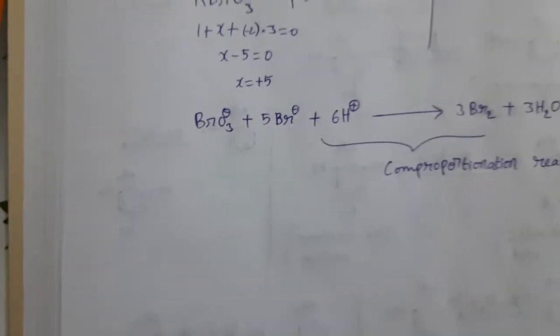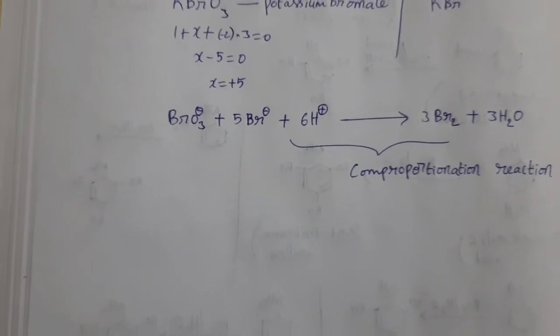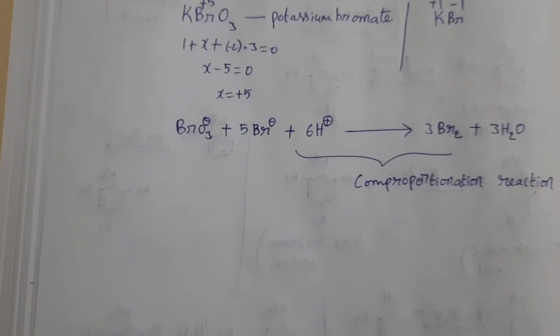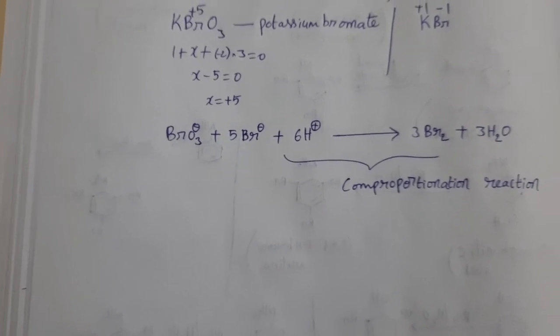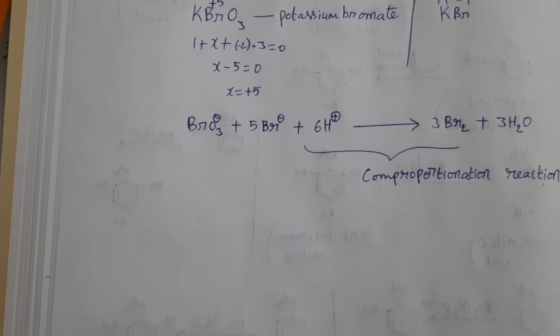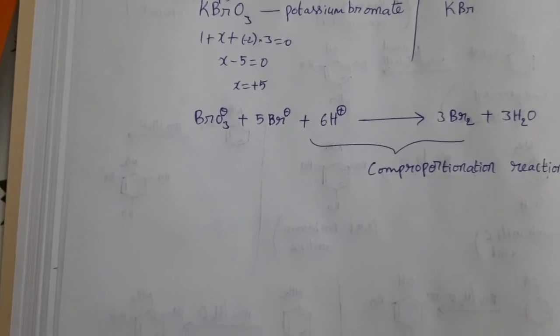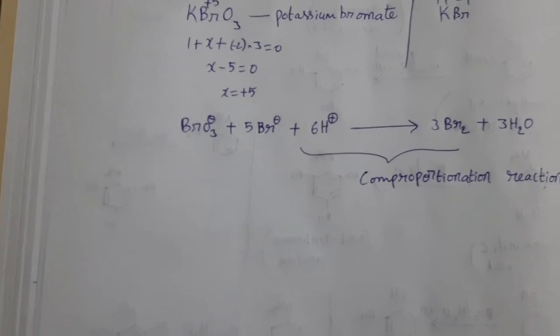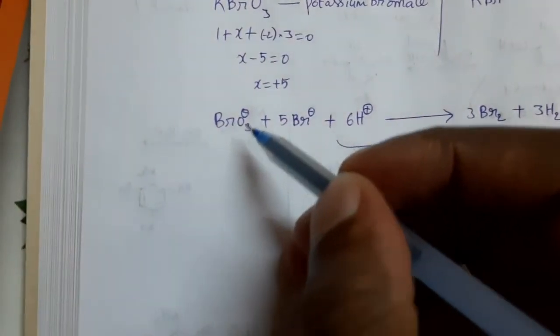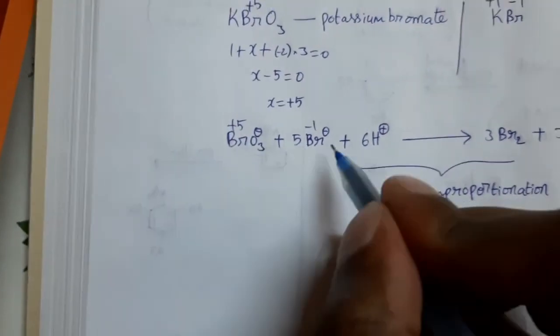How can we define this reaction? In a chemical reaction, the same element is present with different oxidation states and gives a product in which that element has only one type of oxidation state. That is called comproportionation reaction. In this, bromine oxidation state is +5 here and -1 here.